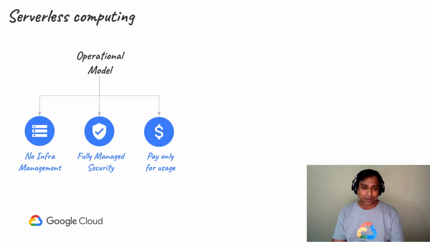The first one is the operations model. Here you do not need to worry about the infrastructure, the t-shirt size and shapes of the compute nodes. That is completely offloaded to the cloud provider via a framework that we will talk about later. Similarly, the day two operations of scaling up or scaling down are not your concern anymore.